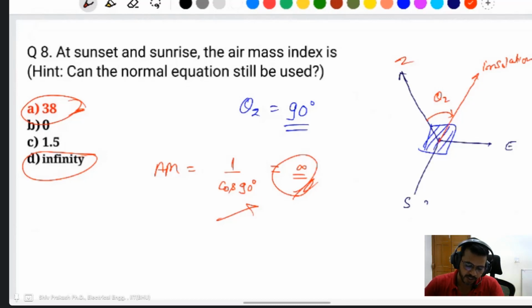If you take 38, then you can calculate it as approximately 88.5 degrees.